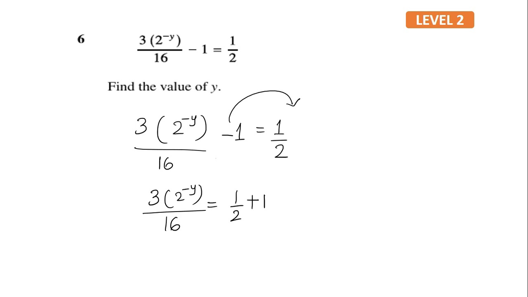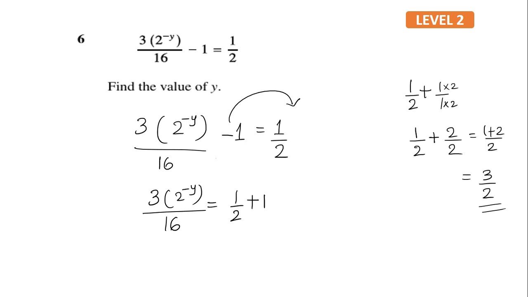So how can you simplify this fraction? 1 over 2 plus 1. 1 means it's 1 over 1. Addition of fractions, so I'll times 2 and times 2 here to make the denominator same. So 1 over 2 plus 2 over 2, which is equal to 3 over 2.